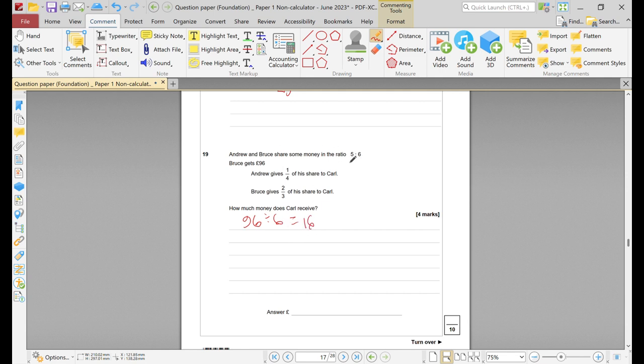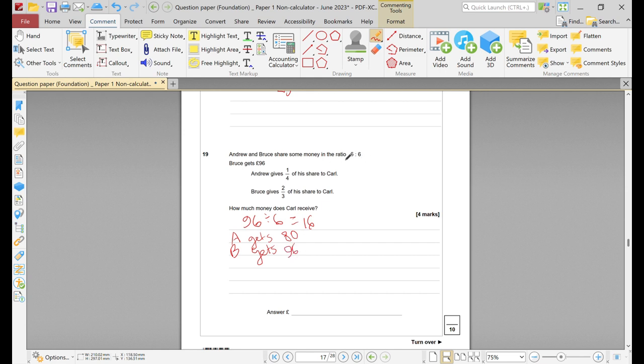Because we know that this is in a ratio of 5 to 6. So 1 share of it, he's got 6 shares. It's going to be 16. So 5 shares of 16, what's that going to be? 80. So A gets 80. B gets 96.